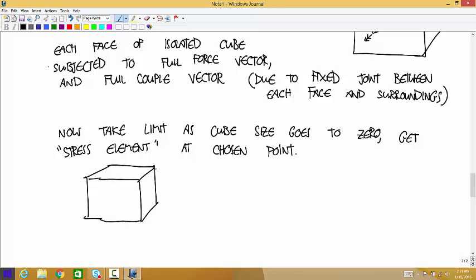So think about what a couple is. Mathematically, we treat it like a pure moment, but that doesn't really tell us what the issue is. What causes a couple is equal and opposite forces acting at some distance from each other, right? You can't have a couple without equal and opposite forces acting at some distance.